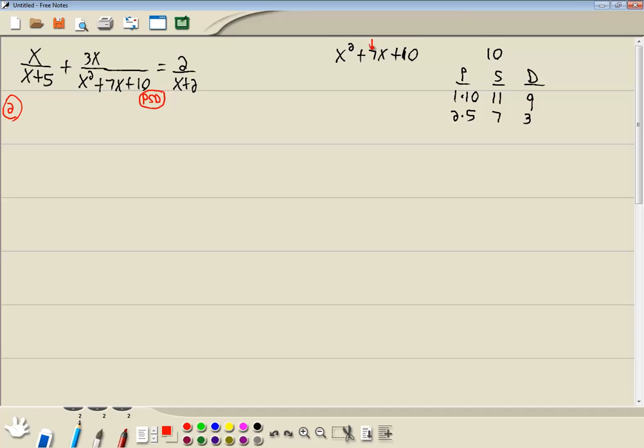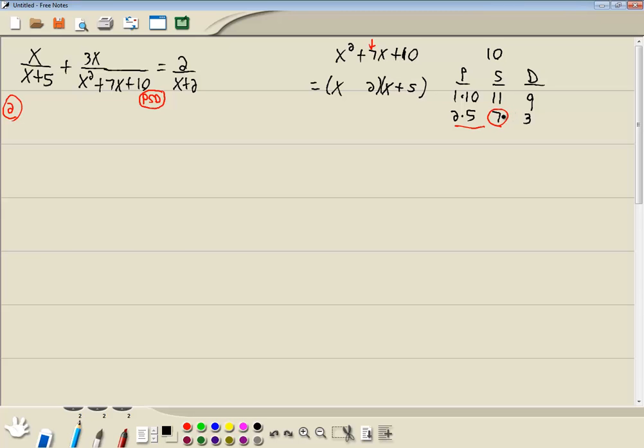Now the number we're looking for is the number in our middle term, which is 7, which is right here, which means we're going to use 2 and 5. Now the last thing we have to determine is what our sign is going to be. The larger number in the P column that you're using, which is the 5, will always be the same sign as the middle term, which in this problem is a positive.